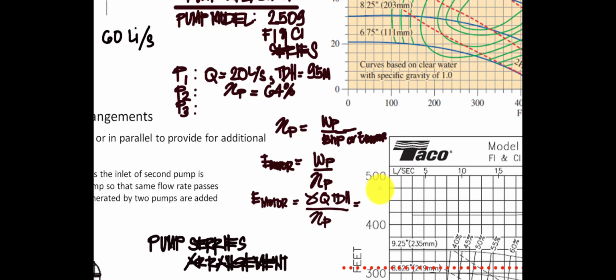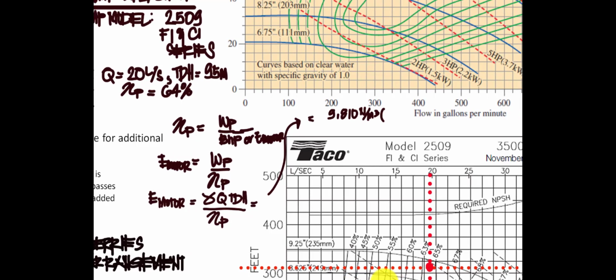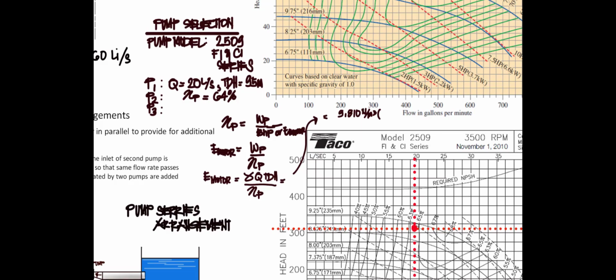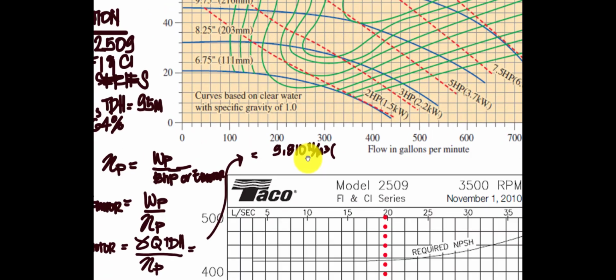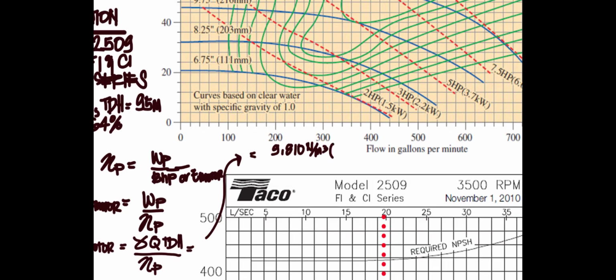Okay, so let's continue the resolution here. Let's substitute the values. We have specific weight, which is 9,810 Newton per cubic meter. Then we multiply the volume flow rate, which is 0.06 cubic meter per second.